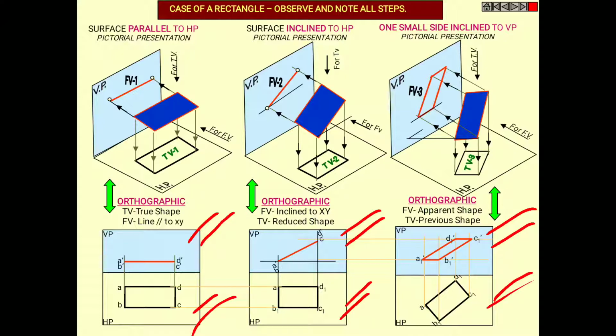So this is called one small side inclined to VP. Okay, we'll move on to the next slide.